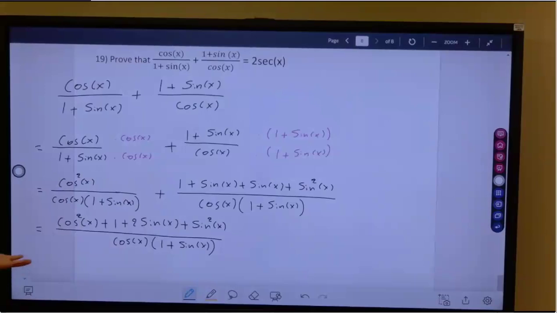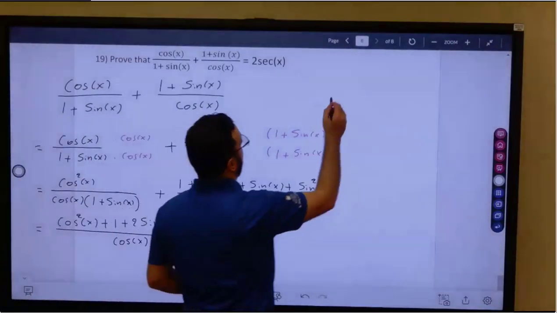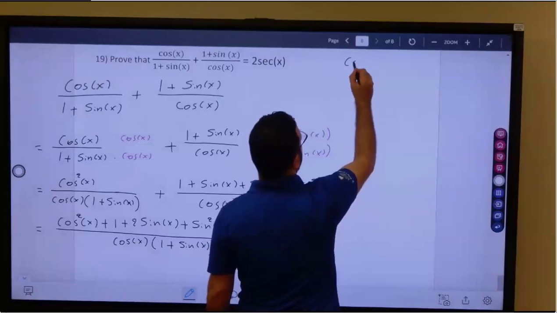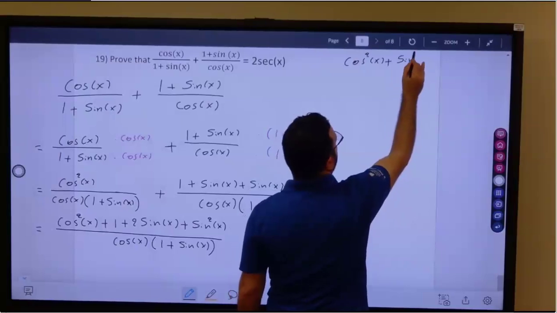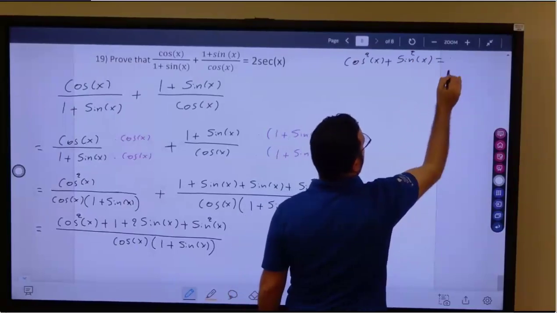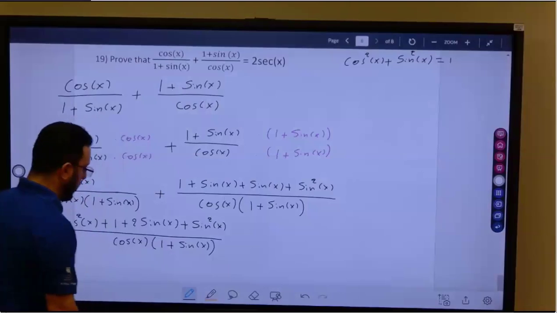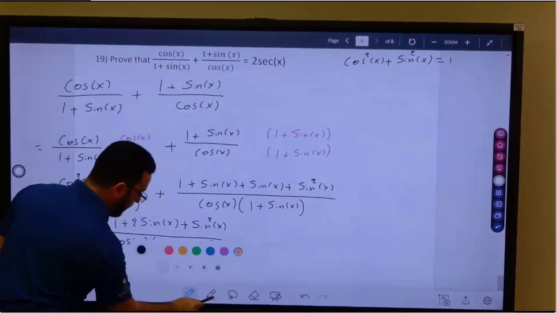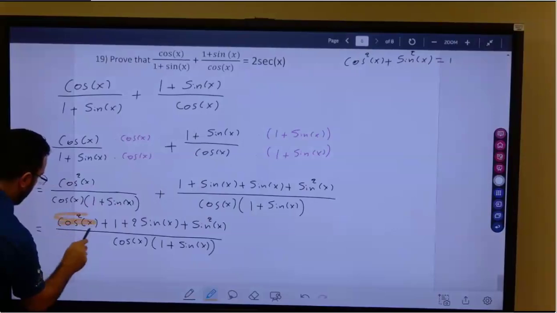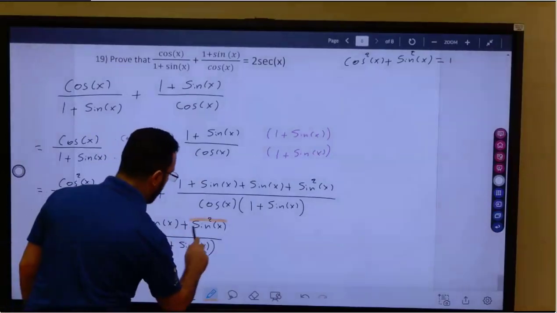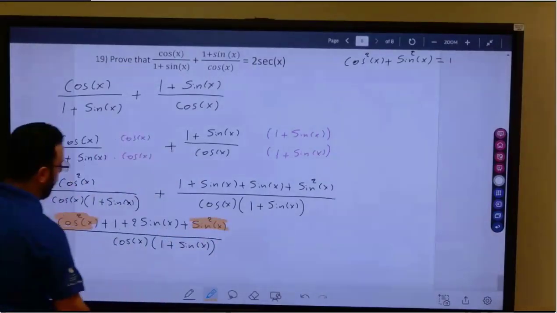I already know there is one of the identities. It says cosine squared x, if you add it to sine squared x, it should be equal to 1. So if you look here, this one plus this one is going to be equal to 1.